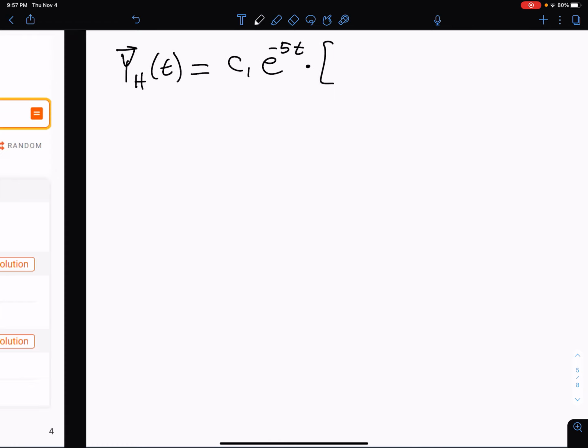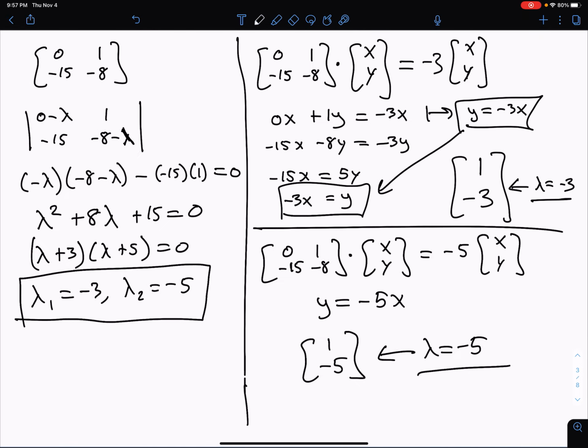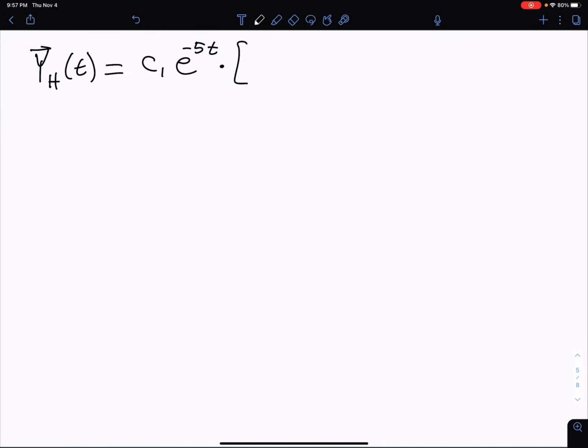Okay, but the point is that we can construct the homogeneous solution as C1 e to the -5t times the eigenvector that corresponds to -5, which was 1, -5.